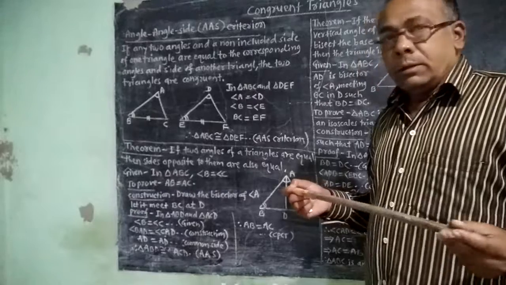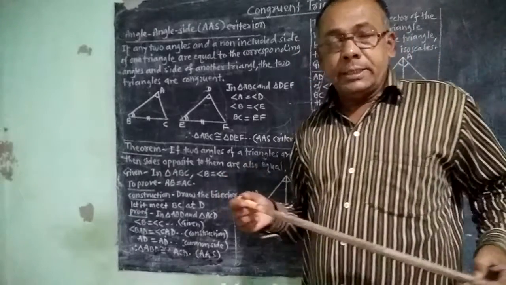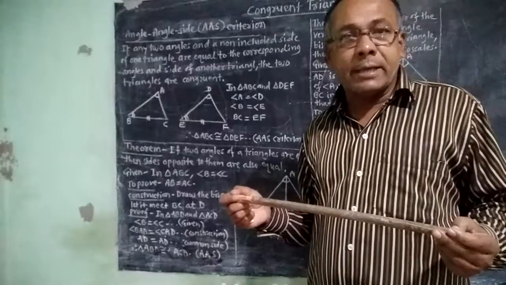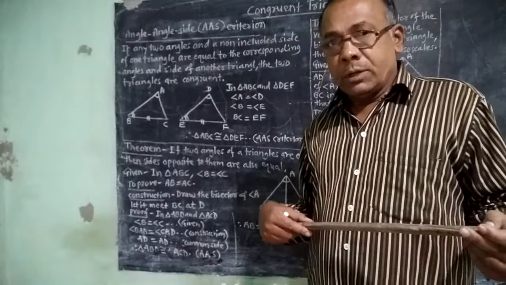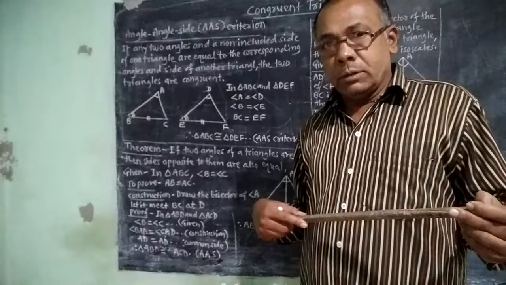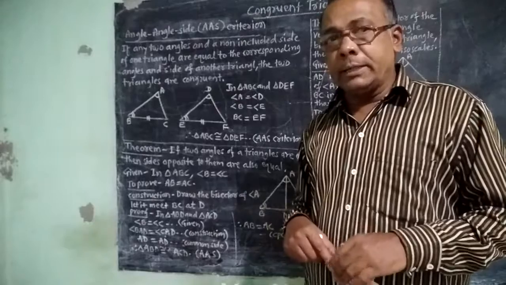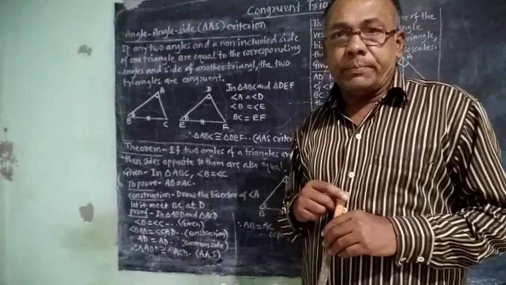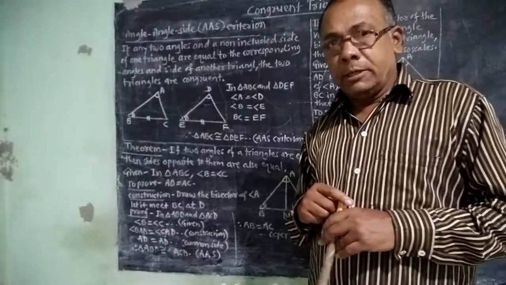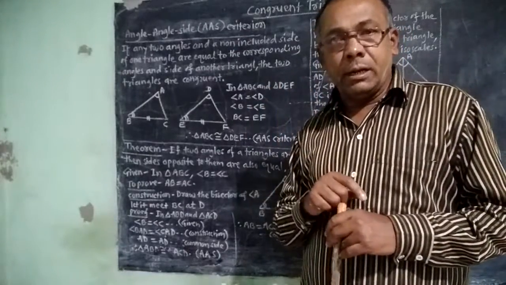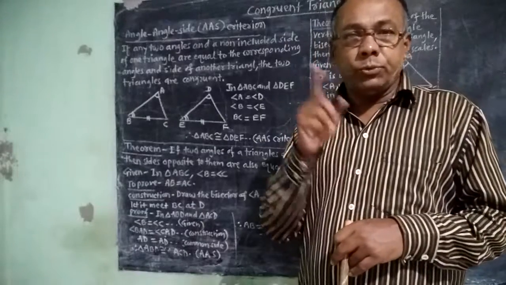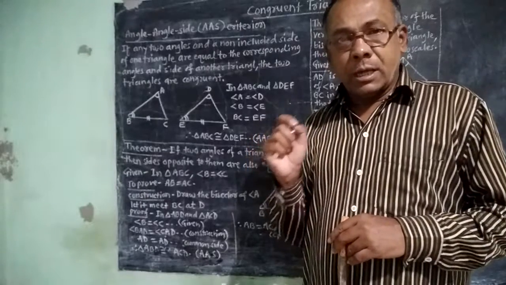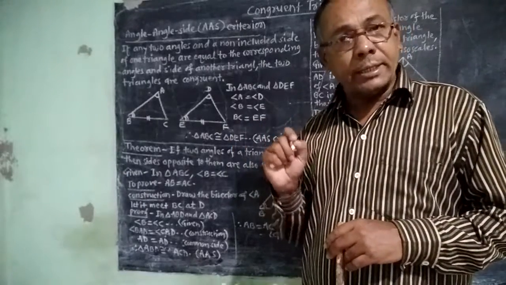Now, last time we studied the SAS criteria, means side angle side criteria, and after learning it we proved one theorem: if two sides of a triangle are equal, then the angles opposite to the equal sides are equal.